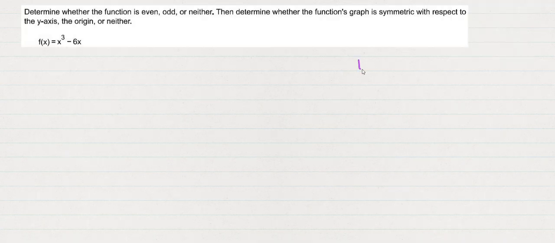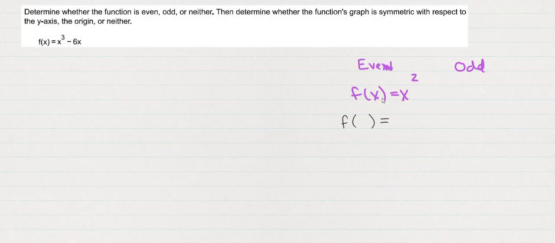What I like to think of is the most basic even function and the most basic odd function. And the most basic even function is going to be f of x equals x squared.